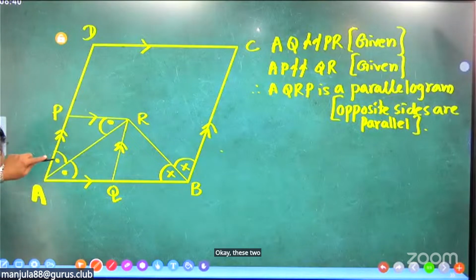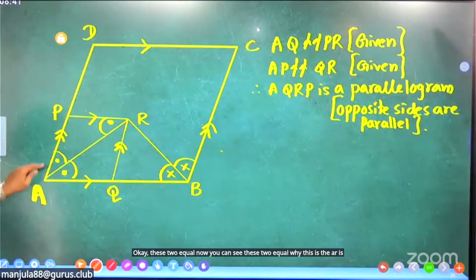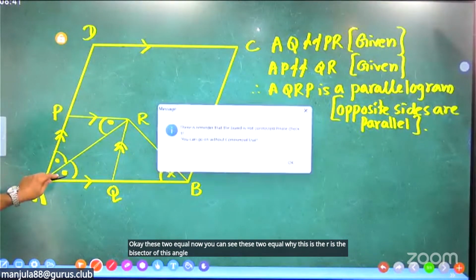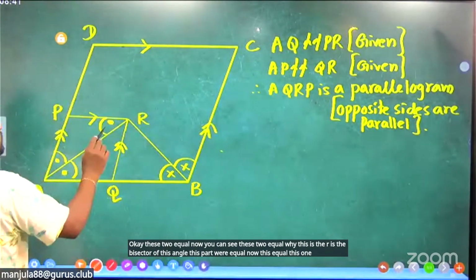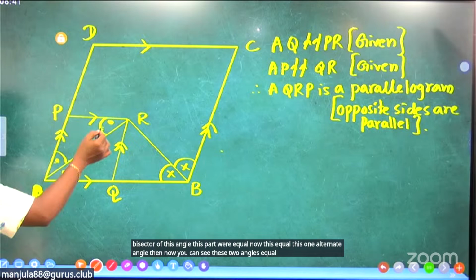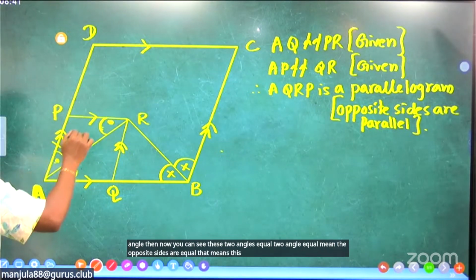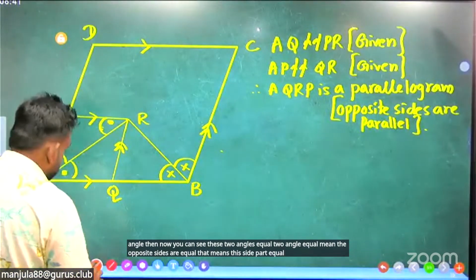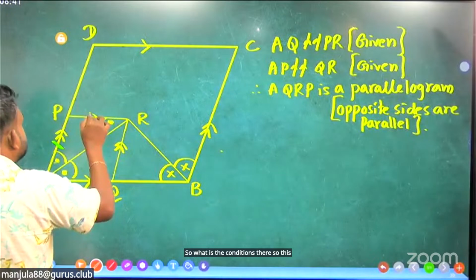Now you can see these two are equal. Why? AR is the bisector of this angle, so these parts are equal. And this one is an alternate angle. Then you can see these two angles are equal. If two angles are equal, the opposite sides are equal. That means this side equals this side.